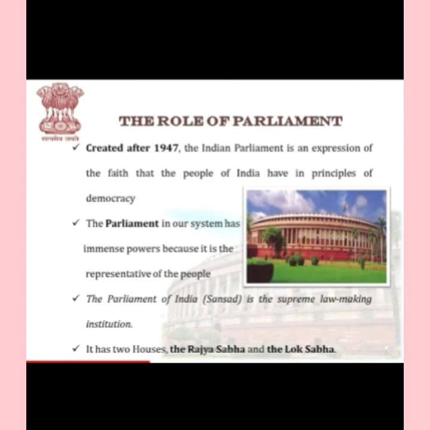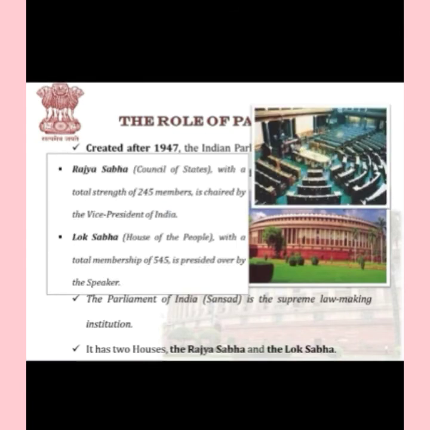Okay, it has two houses. The first one is the Rajya Sabha and the second one is the Lok Sabha. Rajya Sabha means the council of the states. We have 28 states in India, so the representatives from each state will be there in Rajya Sabha, with the total strength of 245 members, and it is chaired by the Vice President of India.